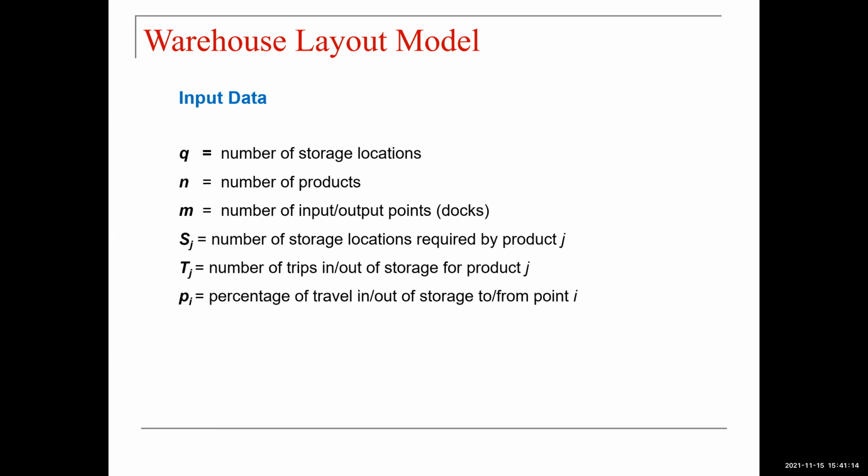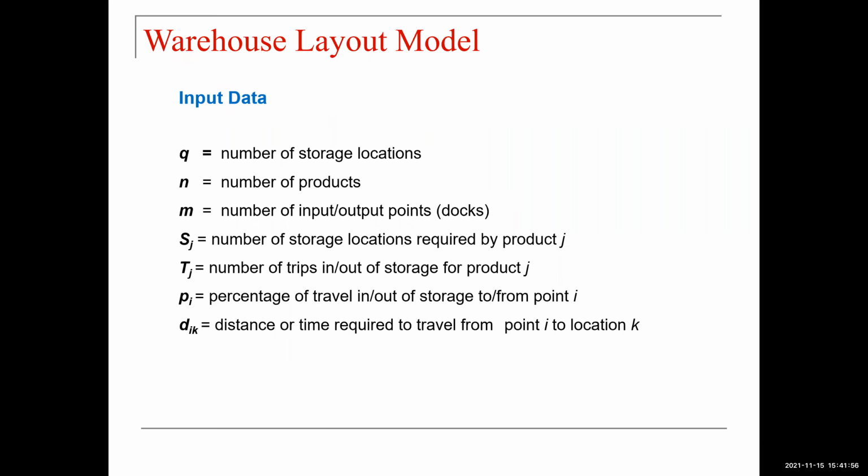Pi is the percentage of travel in and out of storage from point I. So out of the number of times that you are moving this product, how often is it being moved through door 1 or door 2, I equals 1 or I equals 2? If we have 2 doors, this product is being moved by door 1. How often is it moved through door number 2? That will be the percentage of travel in and out of storage from point I.